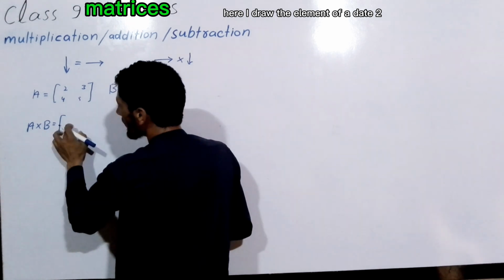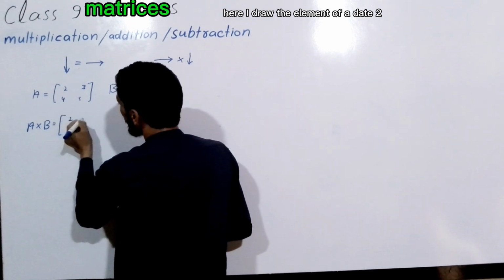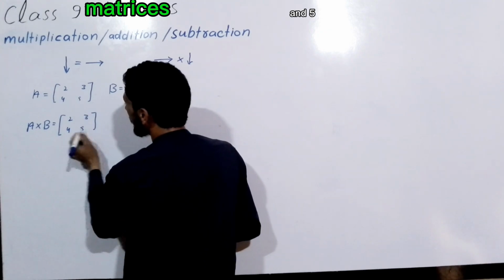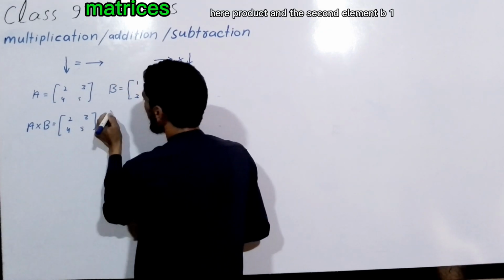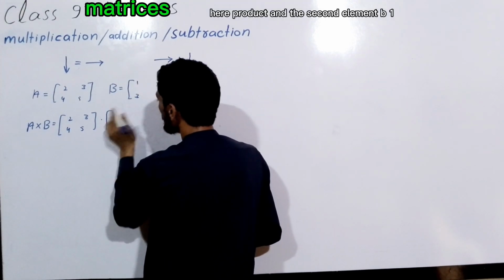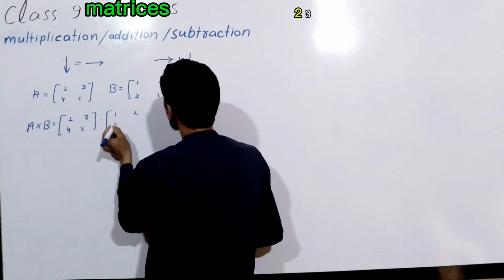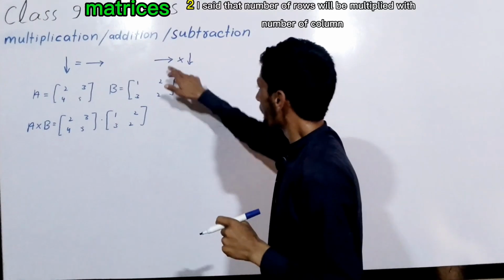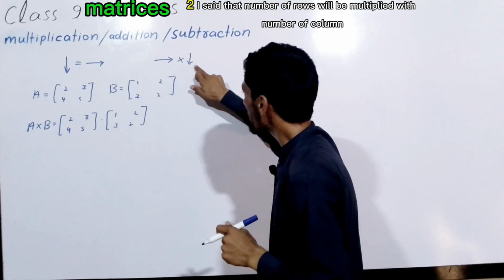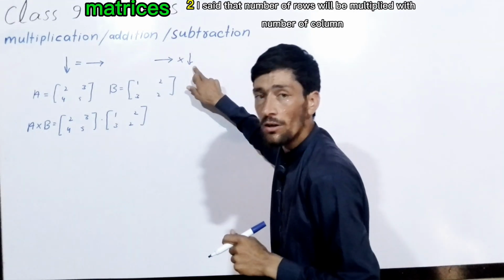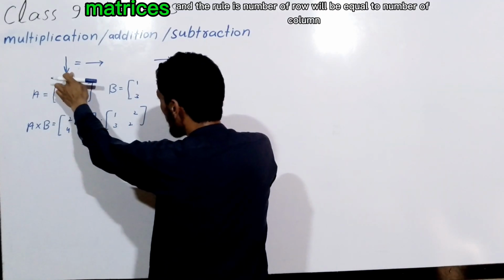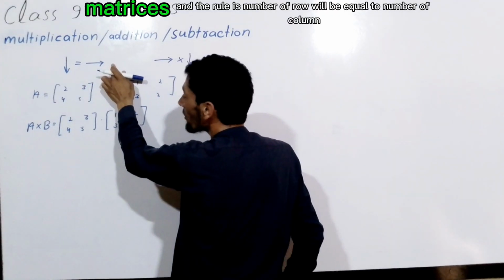Here I will draw the elements of A, that is 2, 3, 4, and 5, then the product sign, and the second matrix B: 1, 2, 3, 2. I said that rows will be multiplied with columns, and the rule is that the number of columns should equal the number of rows.